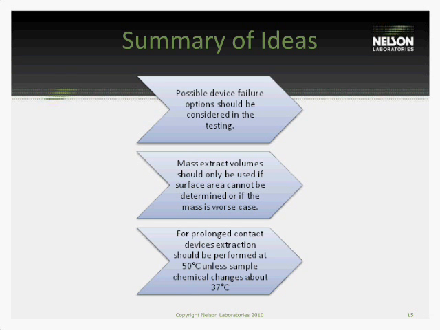The next concept is that for prolonged contact devices, extractions should be performed at 50 degrees unless the sample chemically changes around 37 degrees. Because it's prolonged contact, the extraction parameters in the standard are 37 degrees for 72 hours. If your device has longer than 72-hour contact, it cannot mimic that prolonged exposure to the body at body temperature.